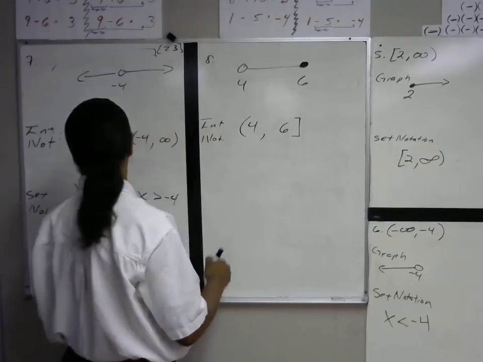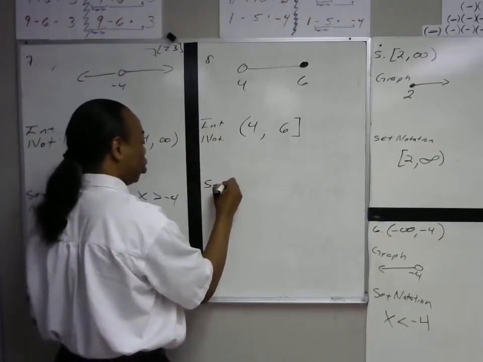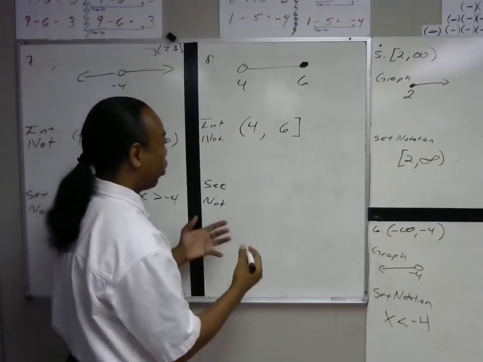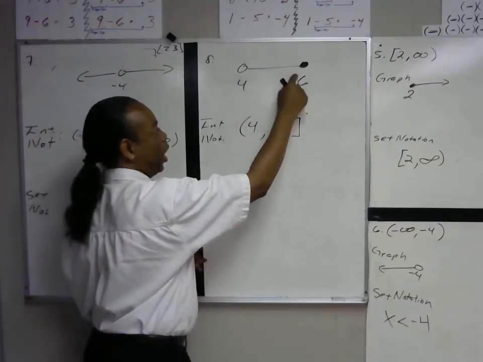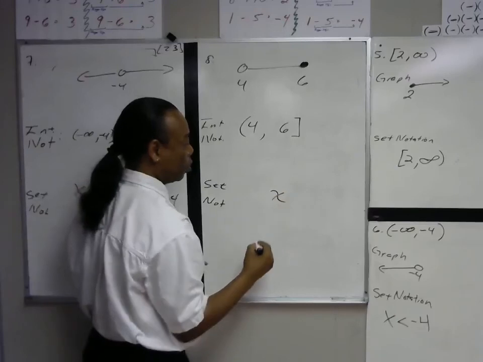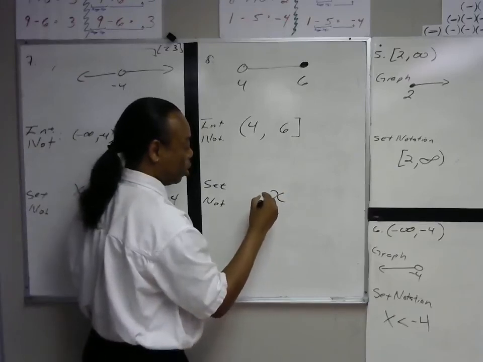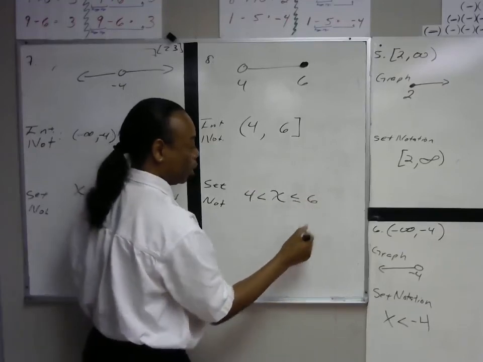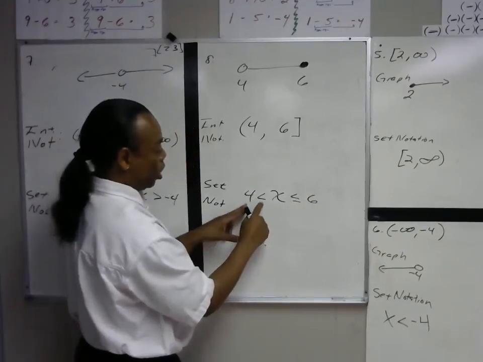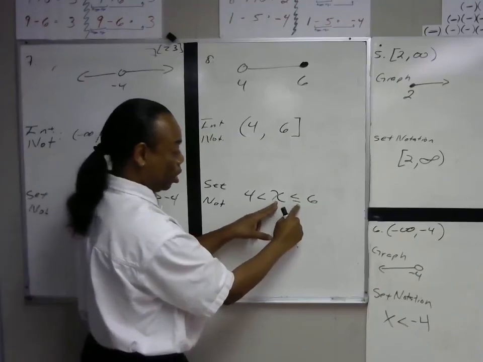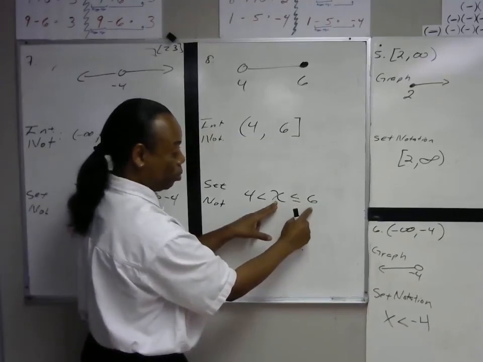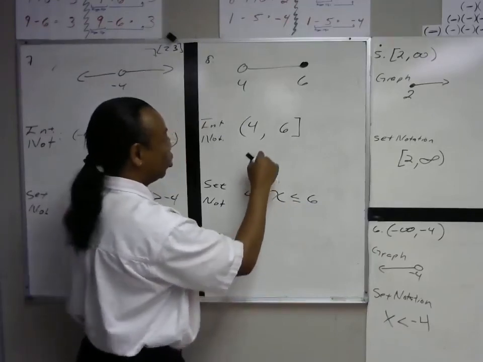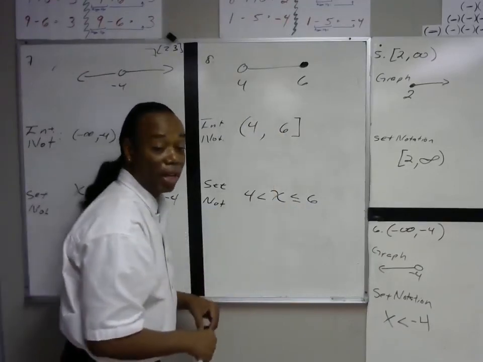And then the set notation is a little strange. Instead of x on the one side, what represents line segments would be x between 4 and 6. So not equal to 4, but up to equal to 6. That's why this one has a line here and this one doesn't. So all three of these are representing the same things.